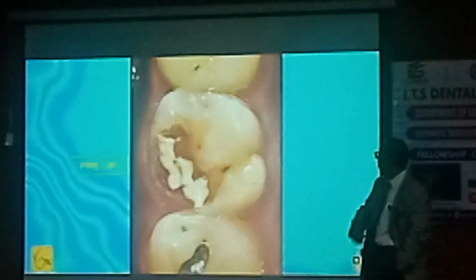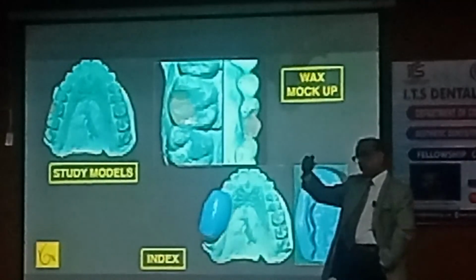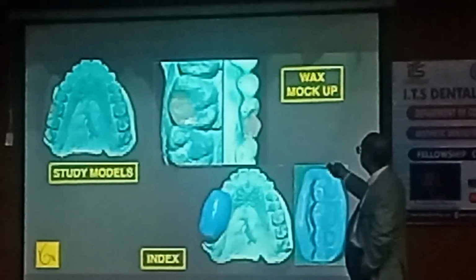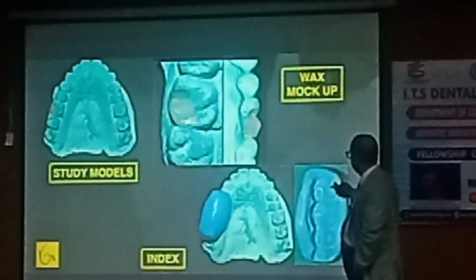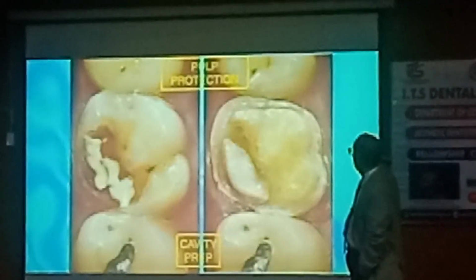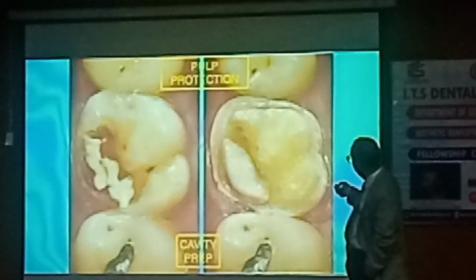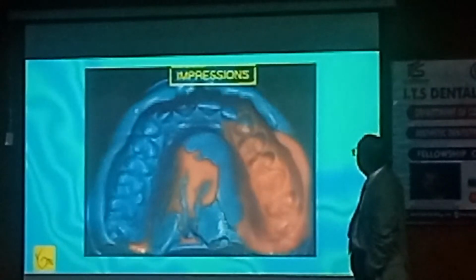So, what we did is, we just prepared that area and we used different adhesion techniques, and this is what we prepared, right? Here you could see these are the study models. This is the index that we got, and we did some pulp protection here, built up that area with your glass ionomers and composites, made the impression.